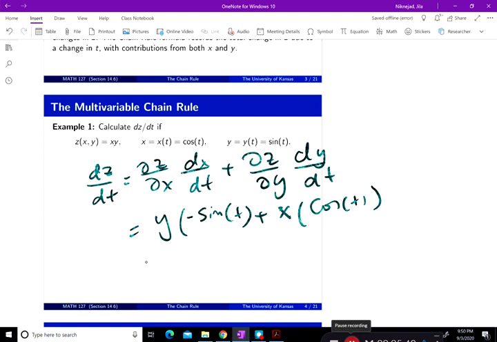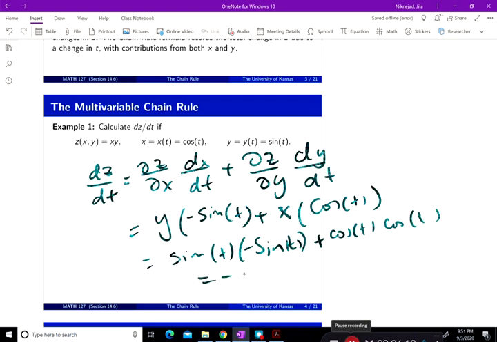This is not a function of t only, so replace y by its value in terms of t, and x also by its value in terms of t. So it's negative sine squared of t plus cosine squared of t.